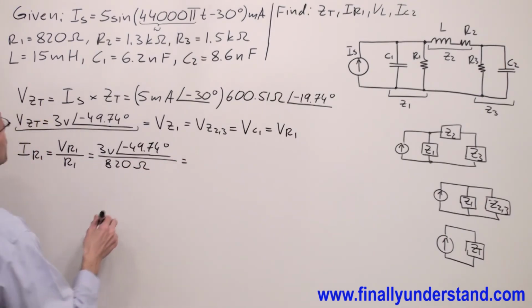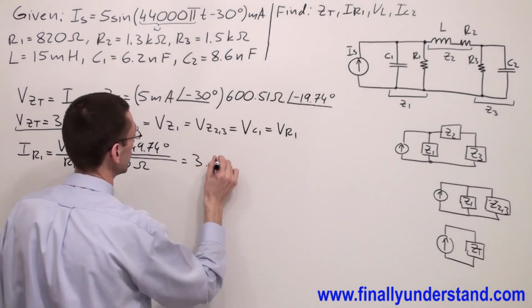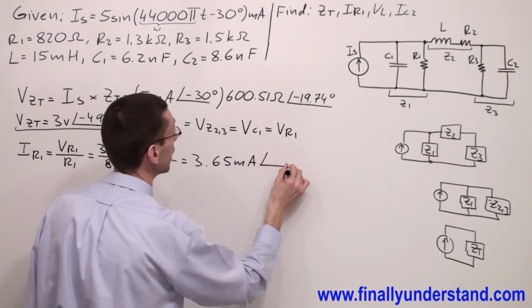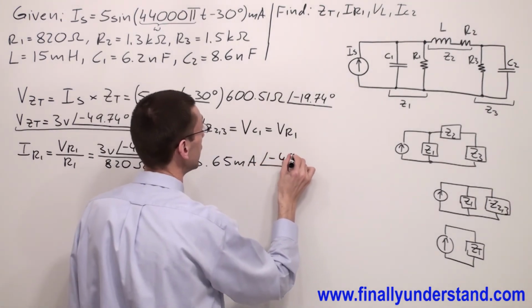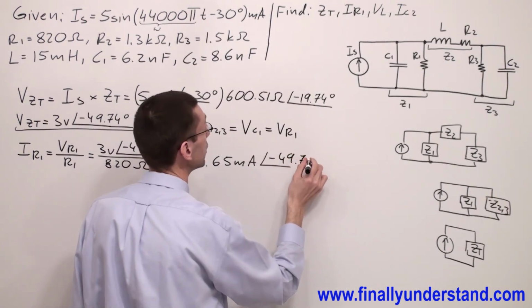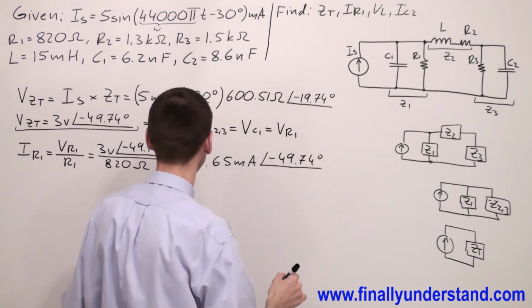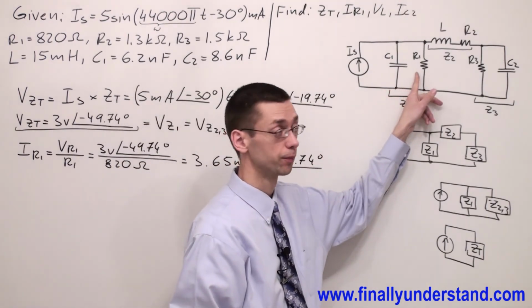This is equal 3.65 milliamps and angle of negative 49.74 degrees. Okay, so this is the current which will go through resistor R1.